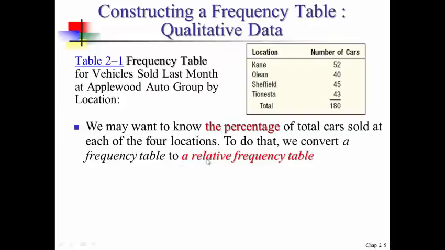What does relative mean? Maybe some of you still remember ratio. Relative in this case has a similar meaning to ratio: something over something, one number over one number. But more specifically than a ratio, we have a specific meaning.